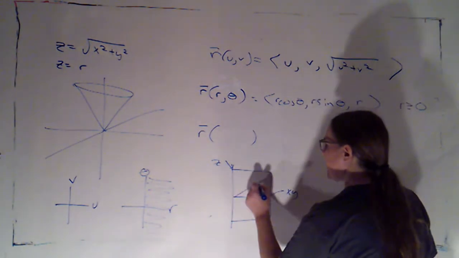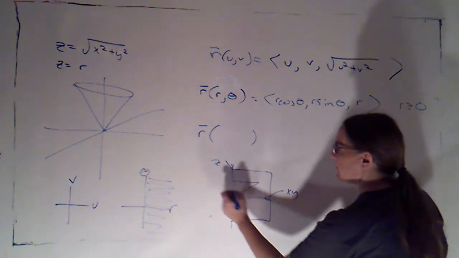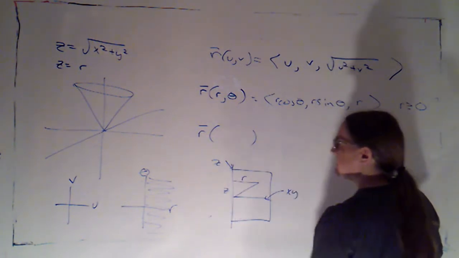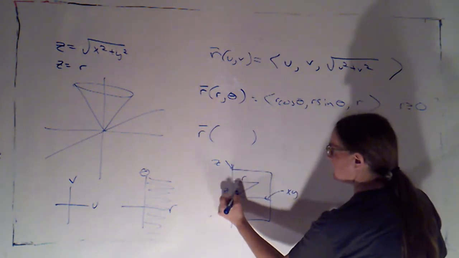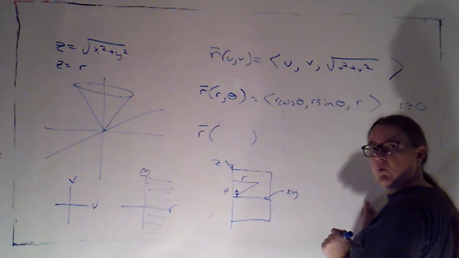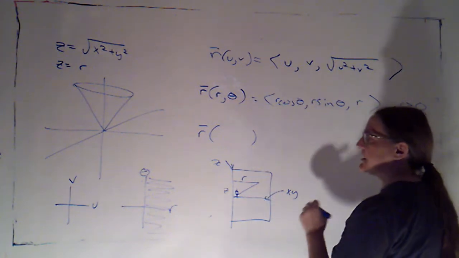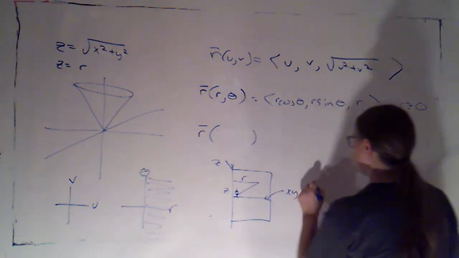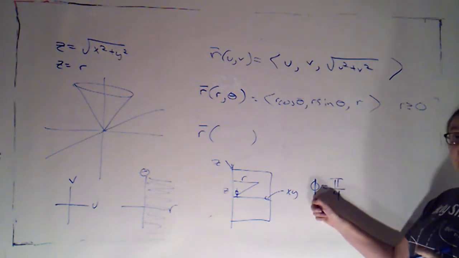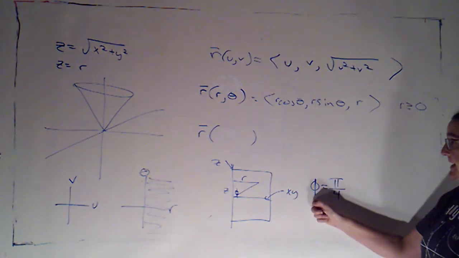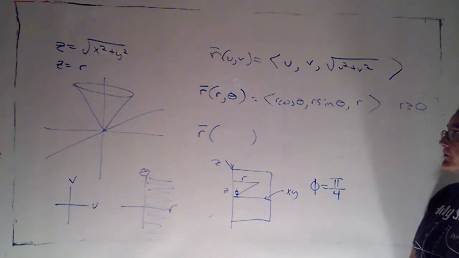The cross-section I would see would be something like so. But I know that z is equal to r. Well, that tells me that tangent of phi is going to equal 1. Phi is going to be pi over 4. So this particular cone is the constant phi surface where phi is equal to pi over 4.